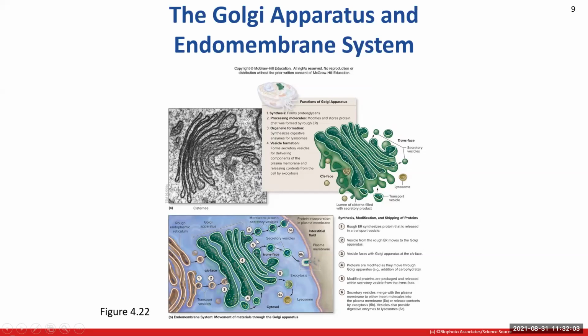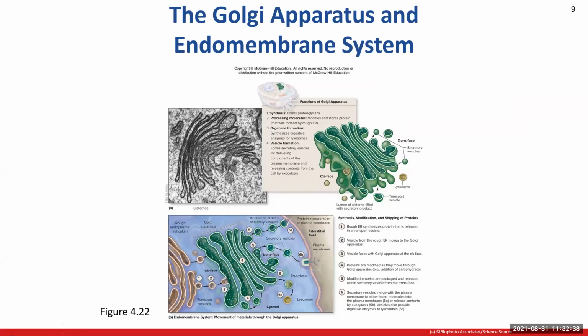These secretory vesicles can merge with the plasma membrane and include those proteins into the plasma membrane, or that secretory vesicle can merge with the plasma membrane and its contents will get shot out and excreted into the extracellular space, also known as the interstitial fluid.